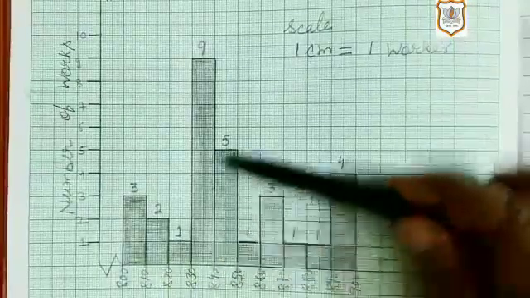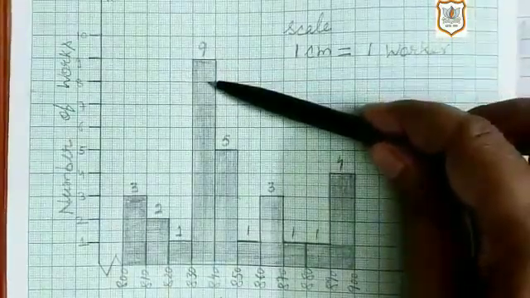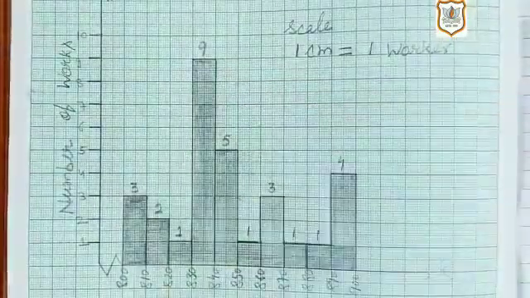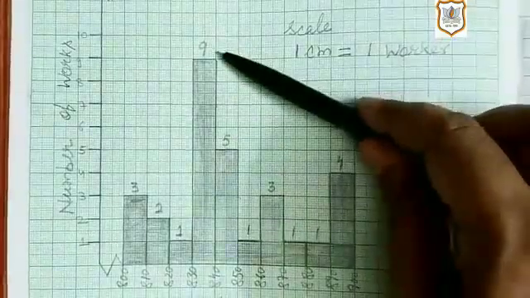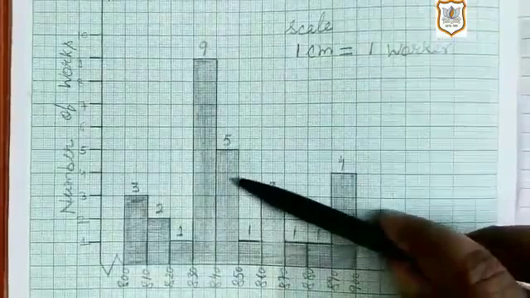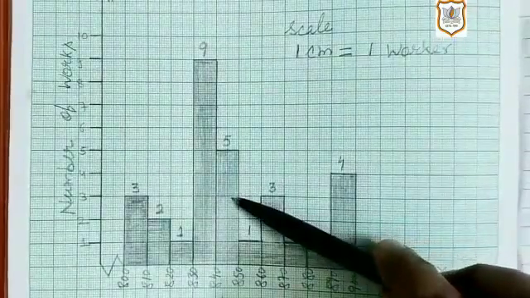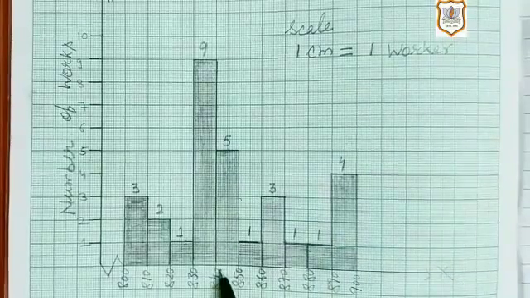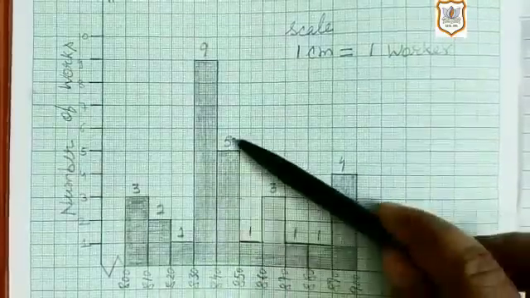For 830 to 840, it is 9. For 840 to 850, it is 5.